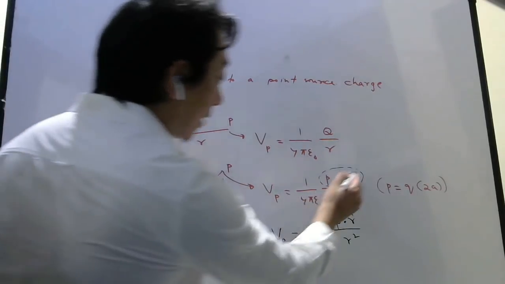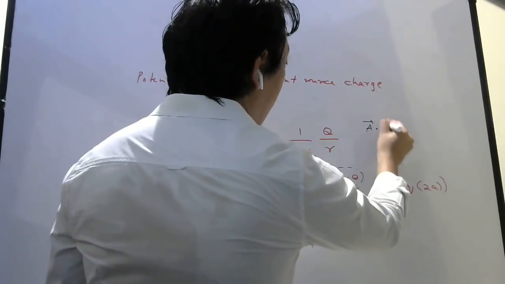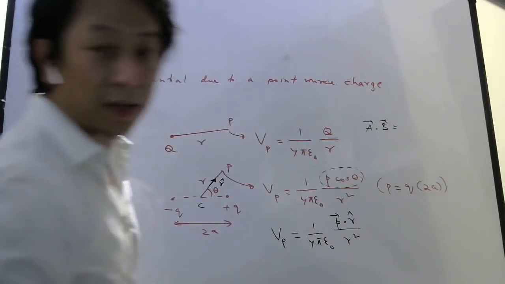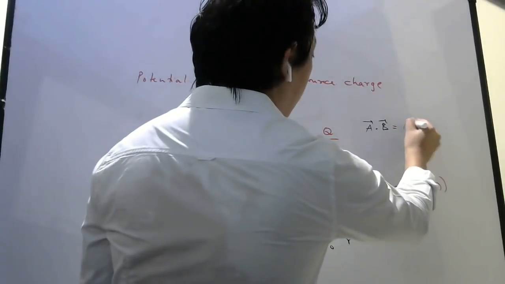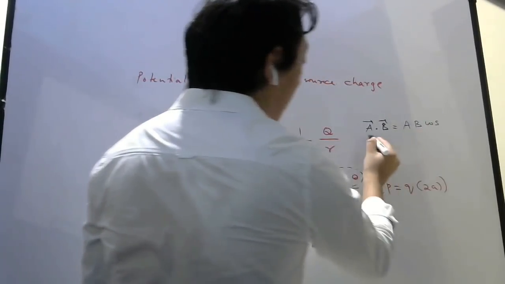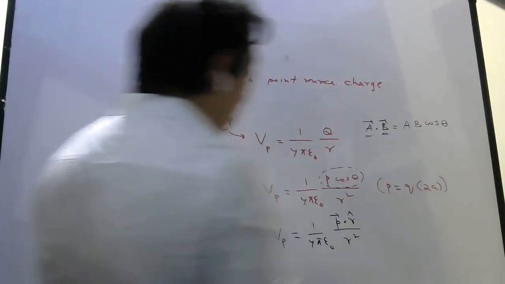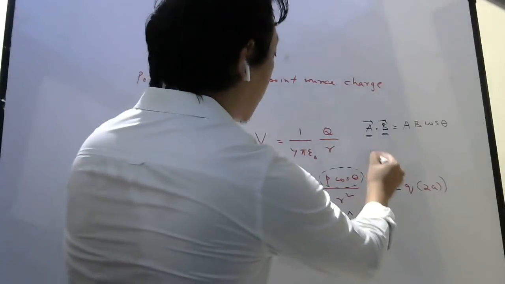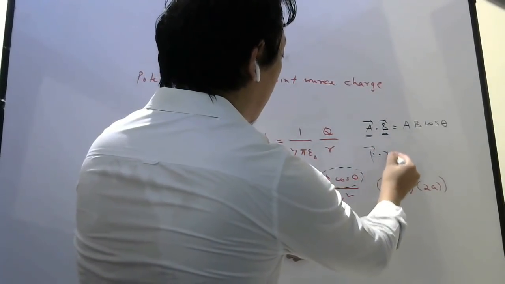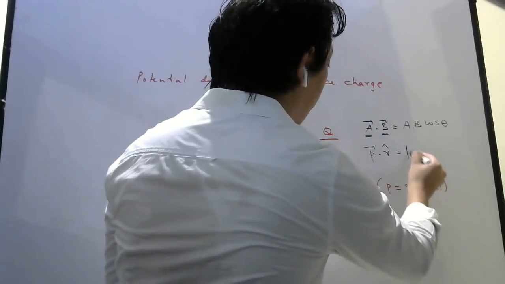Now why can we write p cos theta this way? Let us try to see. How do you write a bar dot b bar? Magnitude of a bar, magnitude of b bar, cos of the angle between a bar and b bar, which is theta. Similarly, if I take p bar dot r cap, magnitude of p bar will be p.